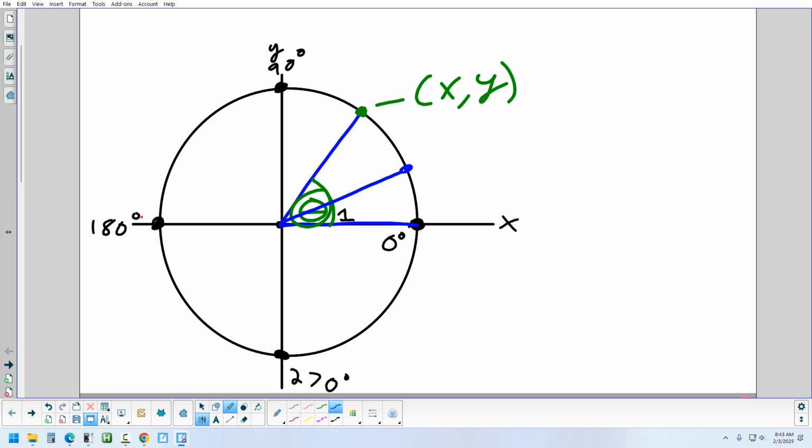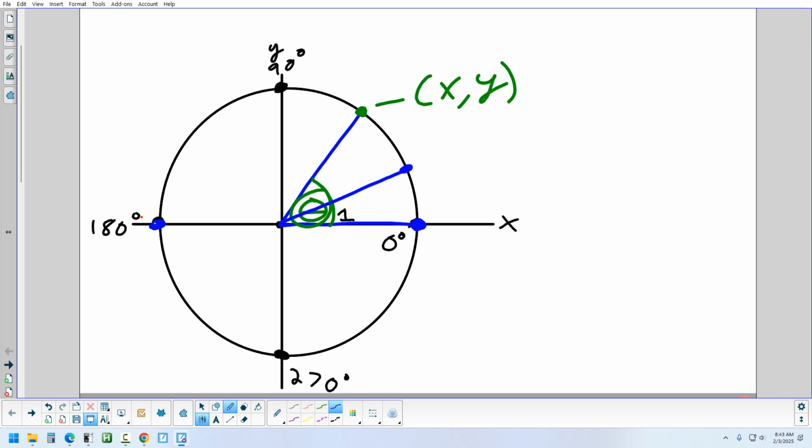For example, 0 degrees has a coordinate right there. What other angle would also have the same coordinate as 0 degrees? Yep, 180. Nope, 180 is over here. So 0 is on the right, 180 is on the left side. Yep, 360. 360 and 0 have the exact same coordinate.